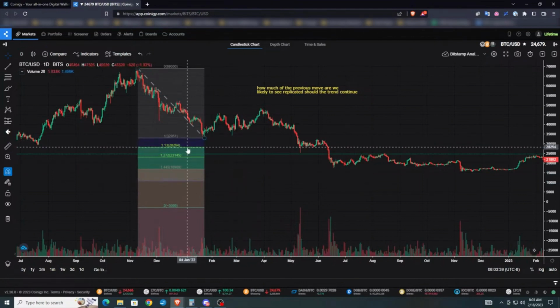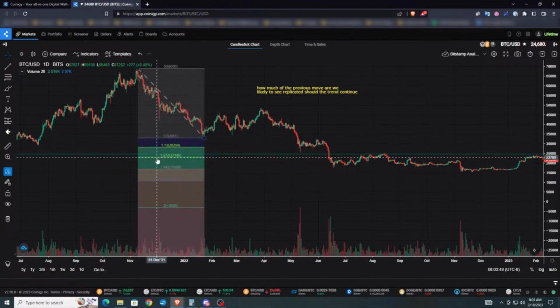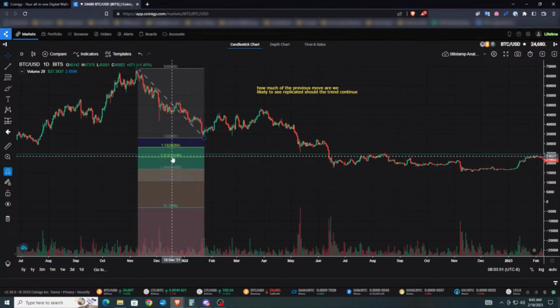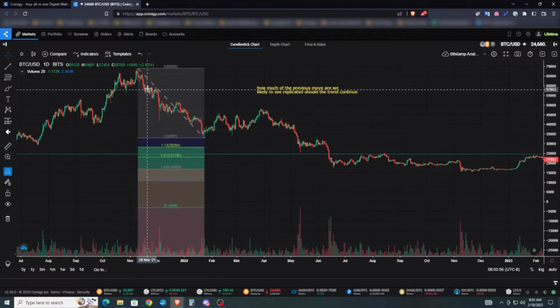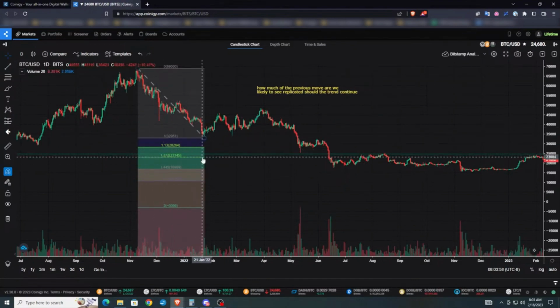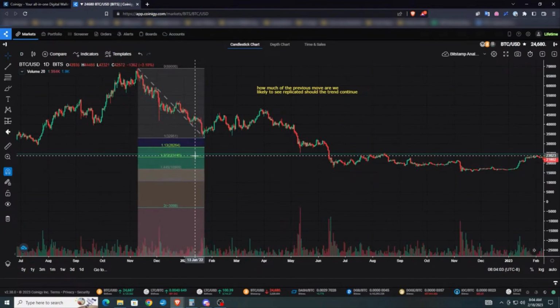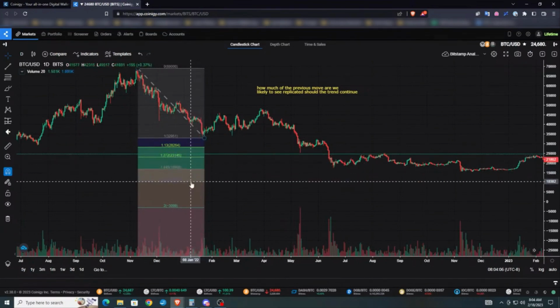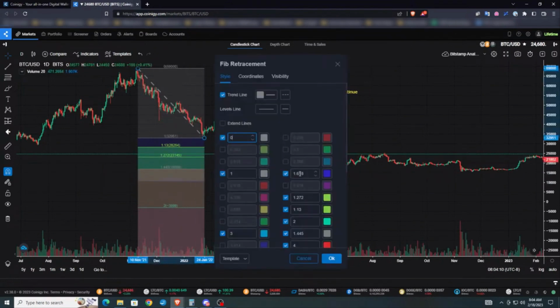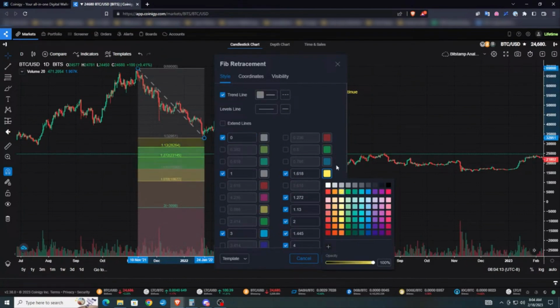They are specifically the 113 level, so that's 113% of the range. 1.272, or basically 27.2% of this range on top. And 144.5, which happens to be the midpoint between 1.272 and the next level.